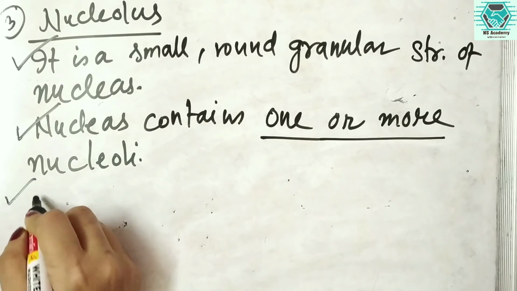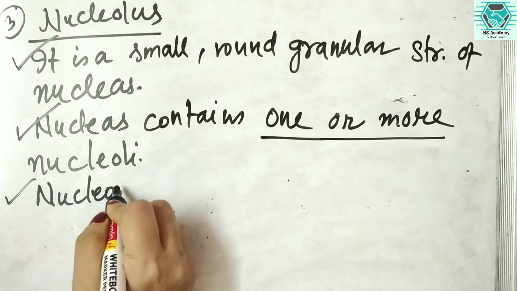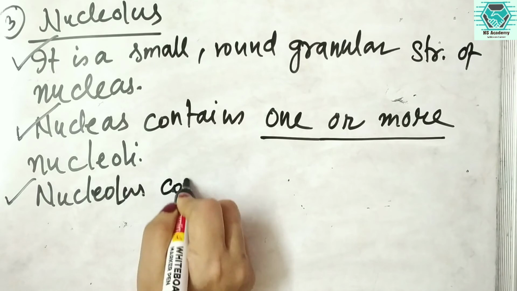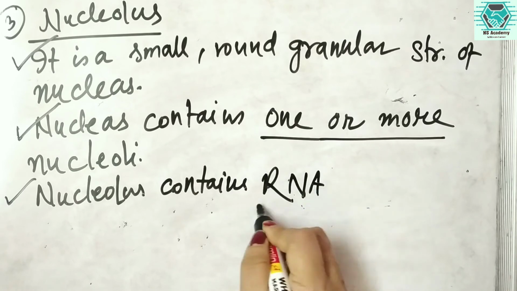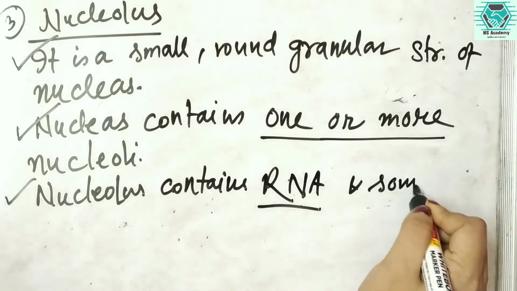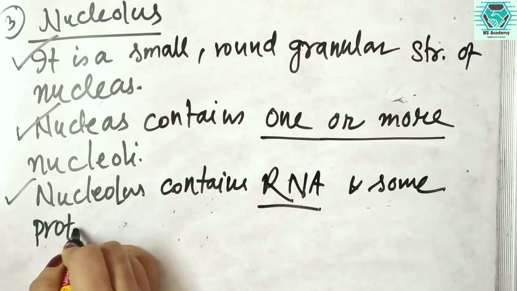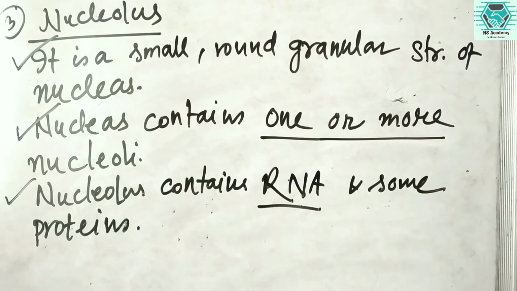Another thing is that the nucleolus contains RNA and some proteins. So these are the three basic criteria the nucleolus has: it is a very small and round granular structure, it contains RNA and some proteins, and most of the time it is present in single number, but more than one nucleoli are also found.